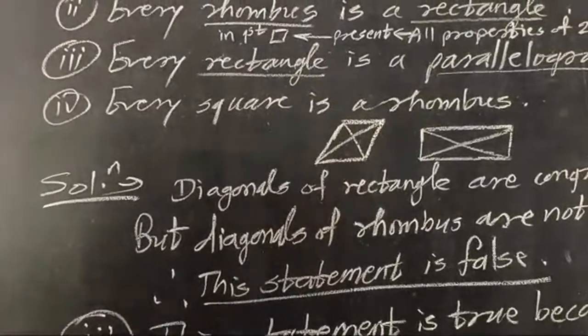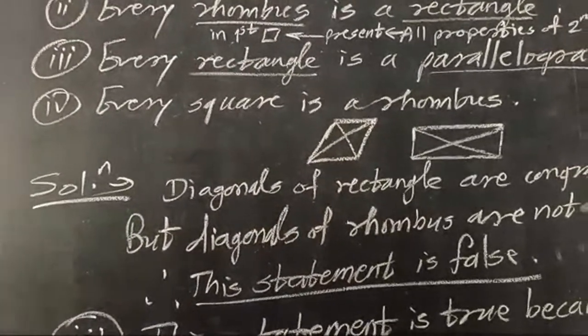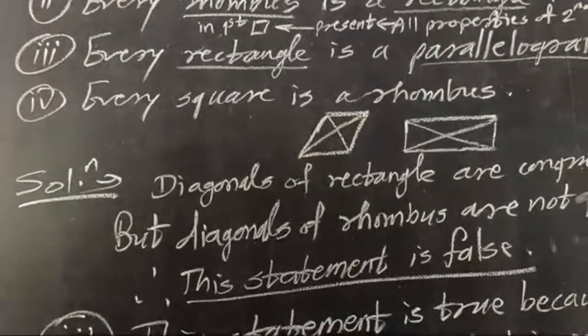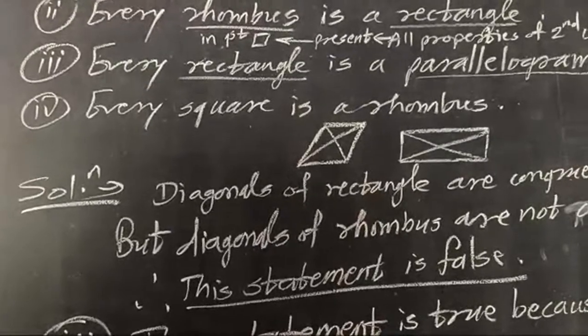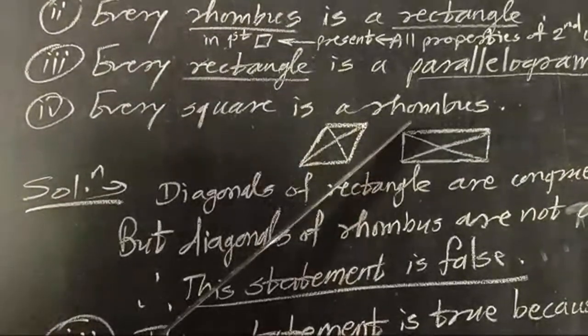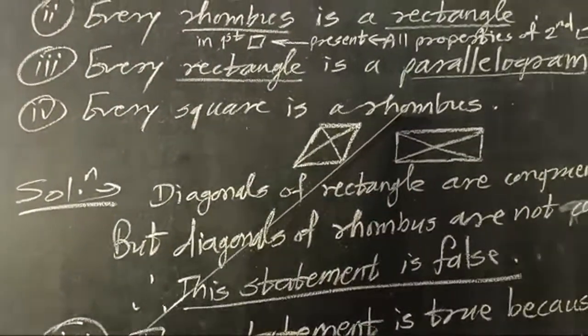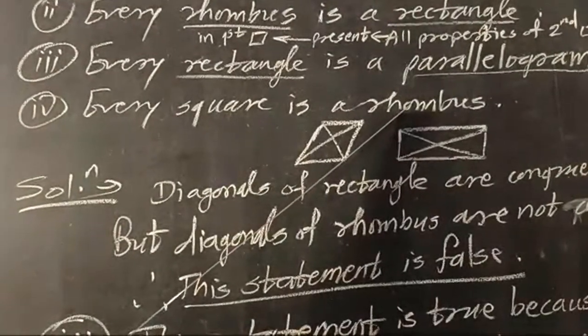Third property is diagonals of rhombus bisect the opposite angles. Good.